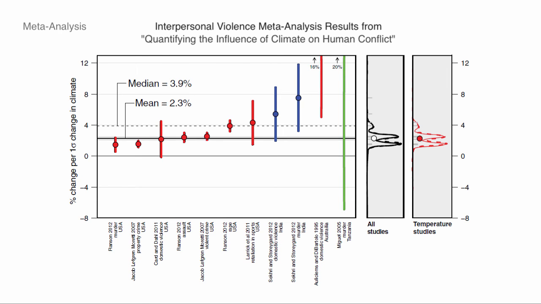Okay, these are the interpersonal violence studies, and you can see immediately why there is this bimodality. There's a few studies here that are U.S. crime studies using decades worth of data at the county level for 3,000 counties in the U.S., and they have these incredibly precise estimated effects. And they have somewhat different effects.